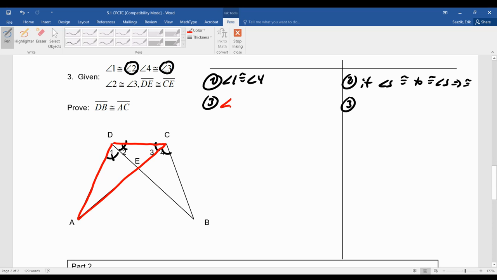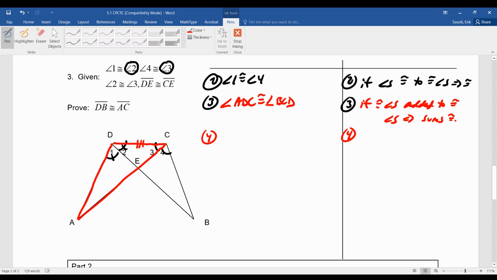So watch, we can say that angle ADC is congruent to angle BCD if congruent angles added to congruent angles, then sums are congruent. Okay. So I got this whole angle congruent to that whole angle.